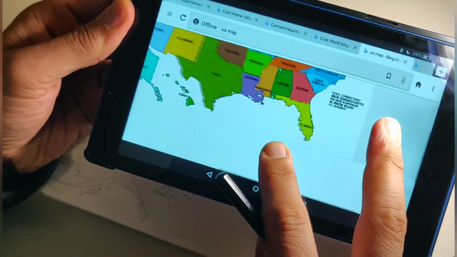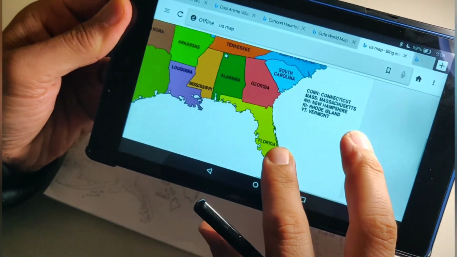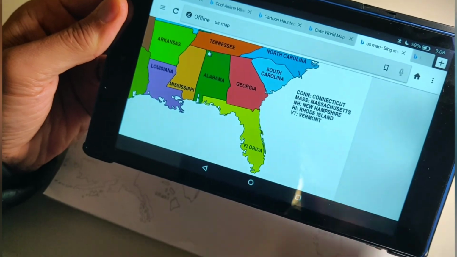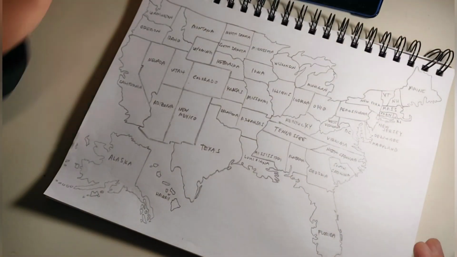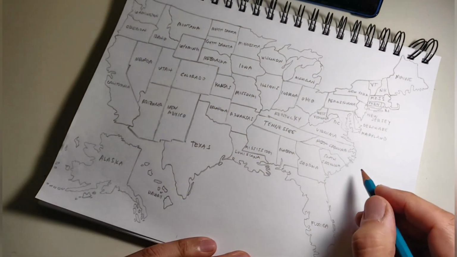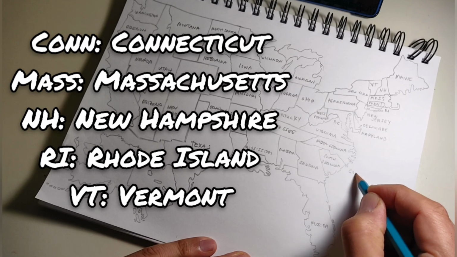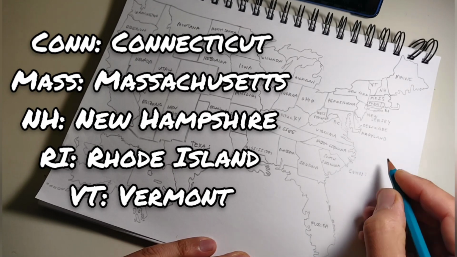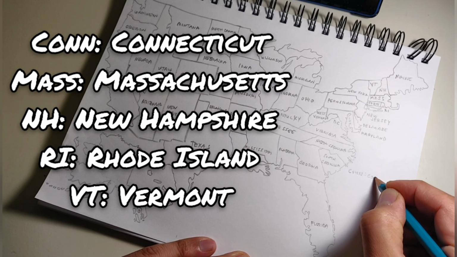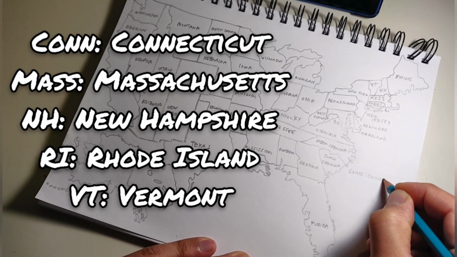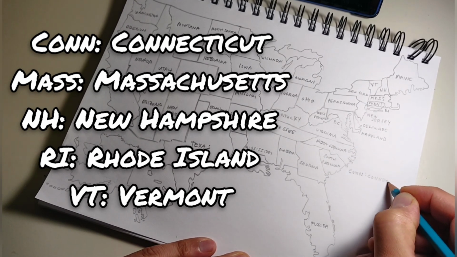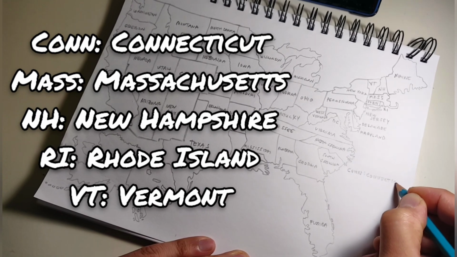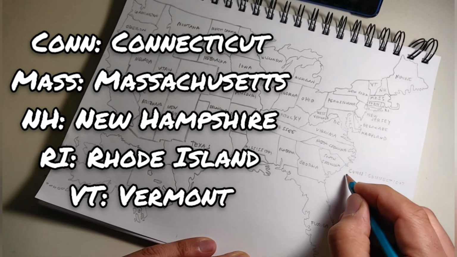Oh, and then also they have a key for all the abbreviations here. So I'll list that out for you guys as well, since I can fit it here. If you want to add that, just because the landmass is not that big and the name is so big, so they just abbreviated it.